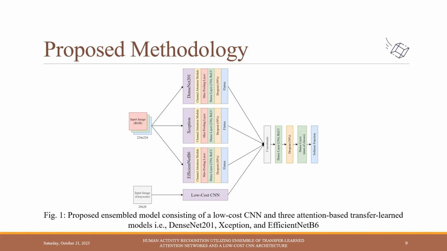So we are not only taking the features extracted by the transfer learning architectures on the top, but also the features produced by the low-cost convolutional neural network. So in the next slides, first we will discuss the channel attention module, and then we will be discussing the low-cost convolutional neural network and how we came up with those ideas.